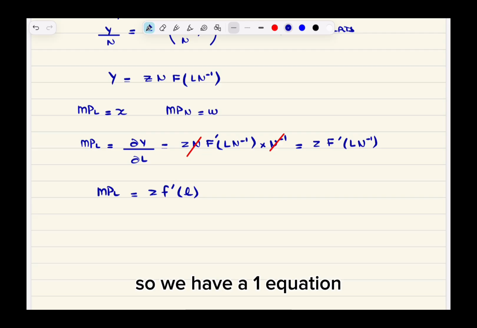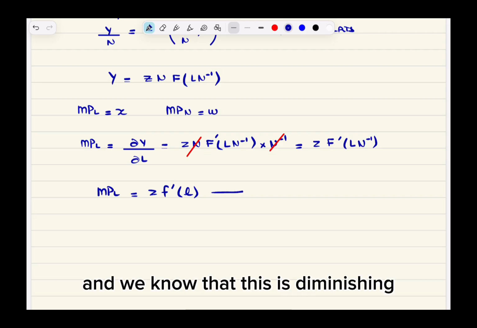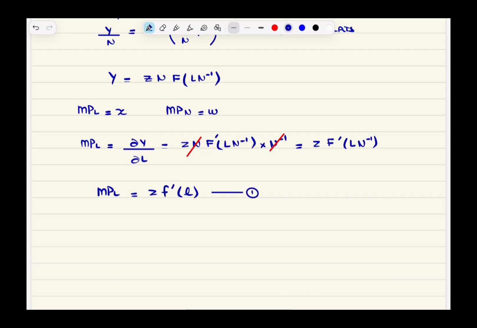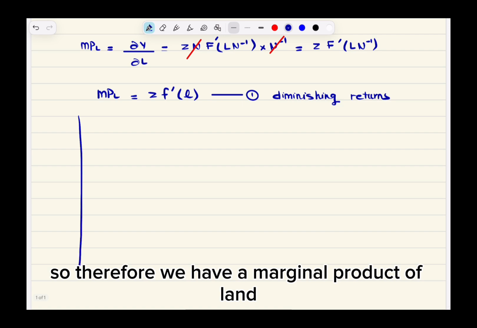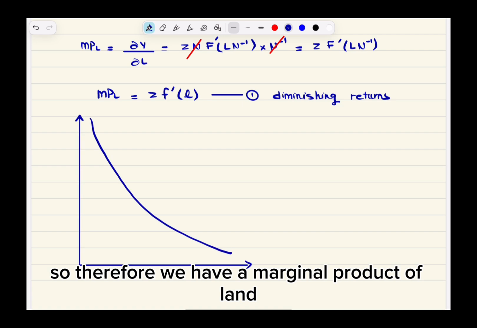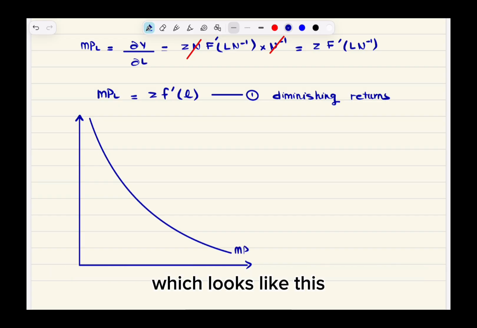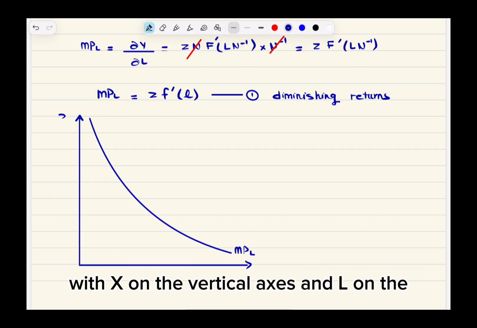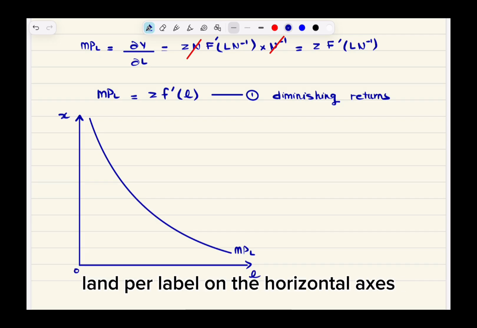So we have one equation, and we know that this has diminishing returns. Therefore we have a marginal product of land which looks like this, with x on the vertical axis and land per worker L on the horizontal axis.